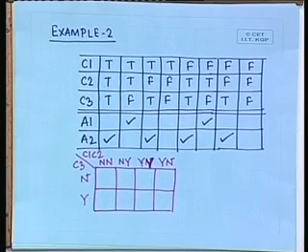So, you can take it like this: NN, NY, YY, YN and NY, C1, C2, C3.